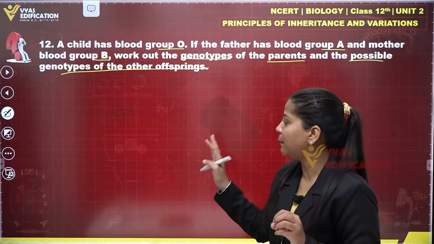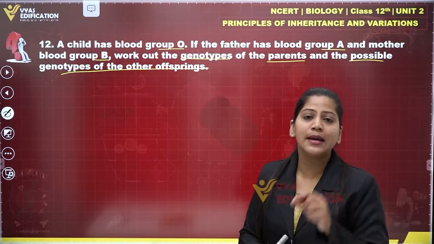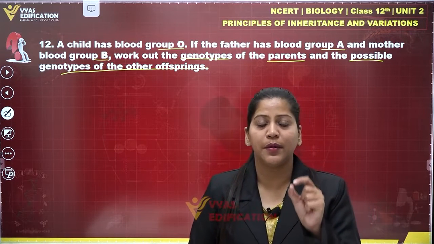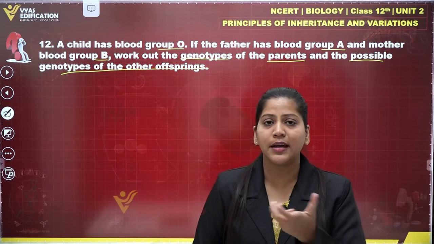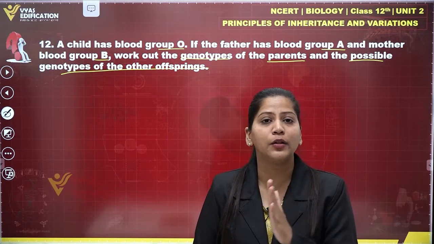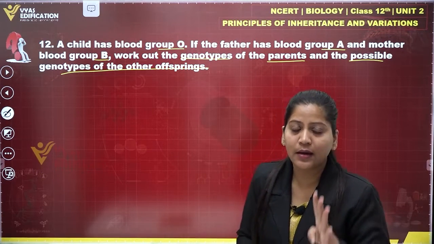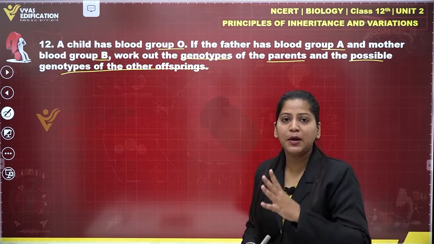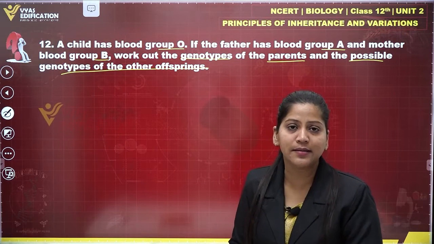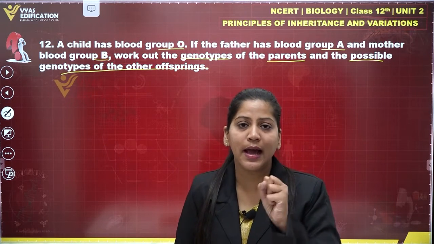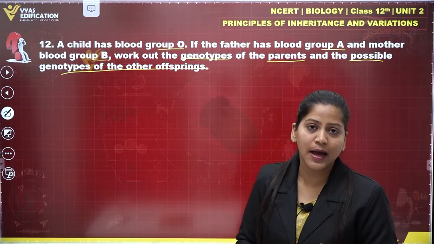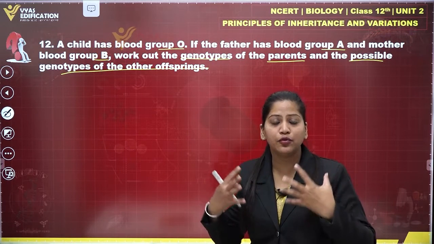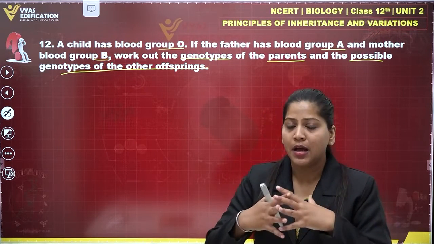Similarly, if we talk about the blood group system in human beings, the ABO blood group system is controlled by three alleles, IA, IB and i.